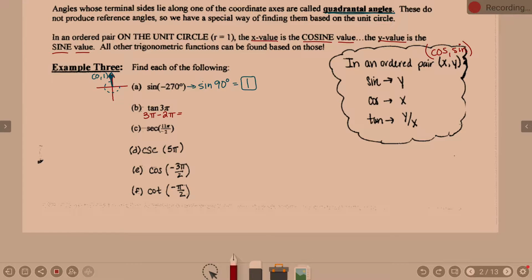We're going to subtract 2 pi, taking off once around that unit circle. 3 pi minus 2 pi is pi. So what we're really asking is, what is the tangent of pi?